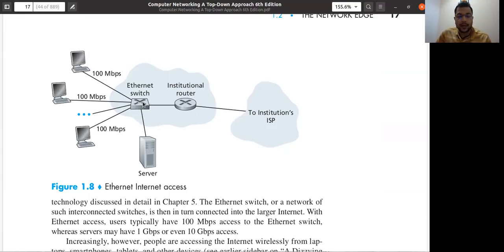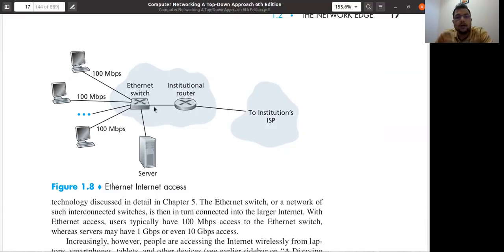It will find that this server is connected over this interface, and it has the same MAC address which this device is looking for as a destination. Then it will reroute it. So it has to maintain certain tables, called ARP tables, address resolution protocol tables. So the Ethernet switch will maintain those tables, and based on those tables, it will reroute the packets.